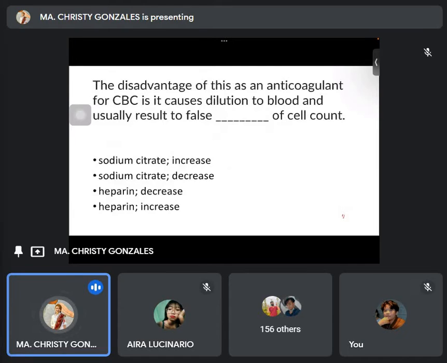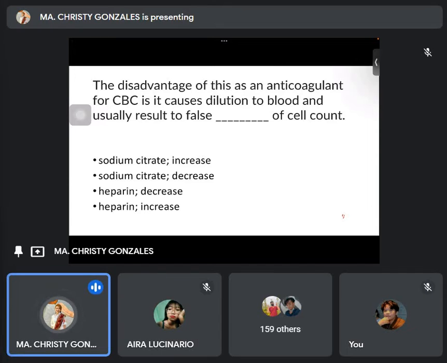Next, the disadvantage of these anticoagulants for CBC is that it causes dilution to blood and usually it results to false low of the cell count. So that is sodium citrate. That's why if you're going to count RBC, or look at the morphology of the RBC, this should not be used.